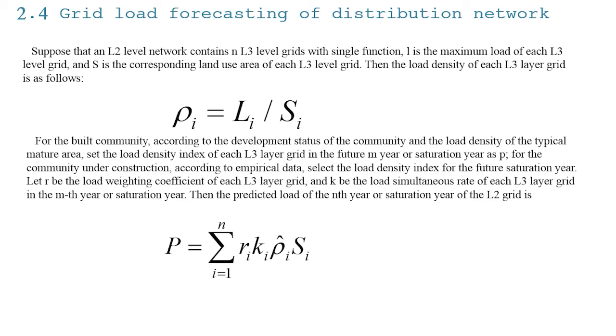Let R be the load weighting coefficient of each L3 layer grade, and K be the load simultaneous rate of each L3 layer grade in the mth year or saturation year. Then the predicted load of the nth year or saturation year of the L2 grade is as follows.